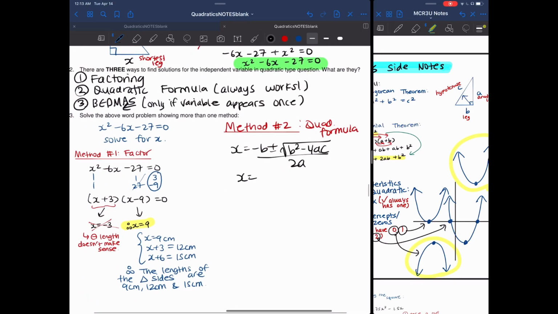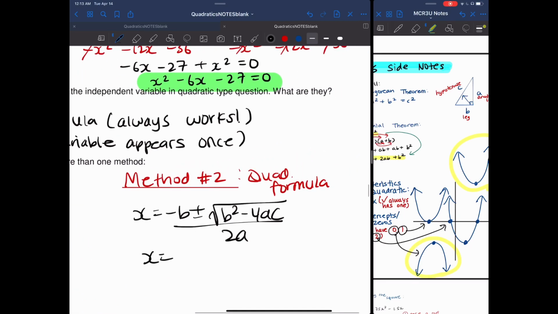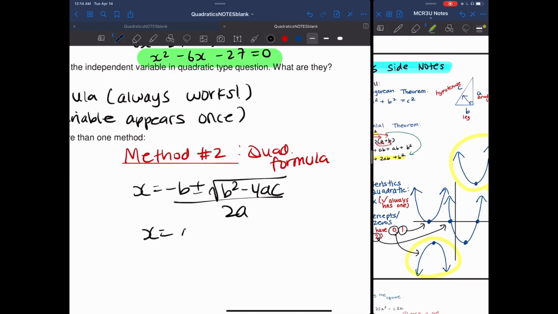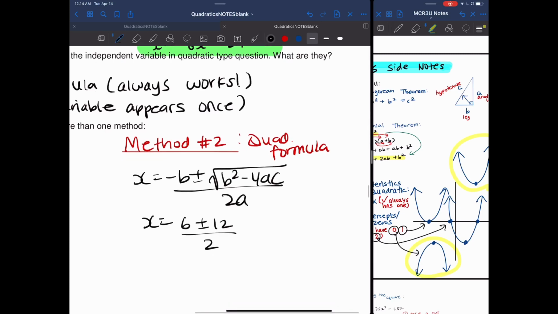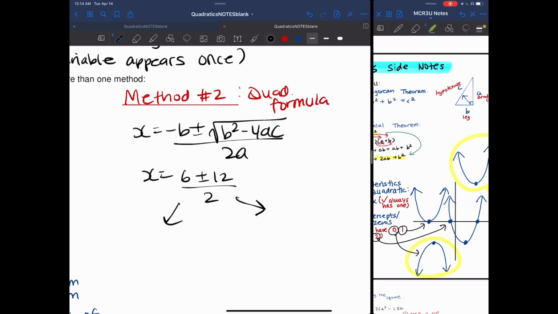So when I plug it in, b is -6, a is 1, c is -27, and a is 1. I plug that in, and I did it a little in advance, and I get 6 plus or minus 12 over 2, which simplifies further.